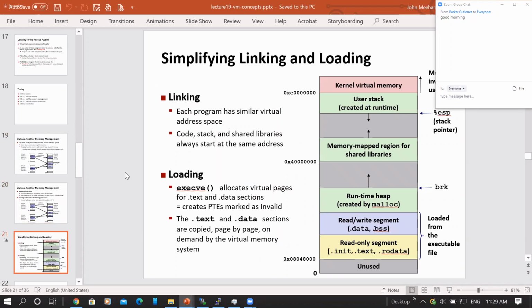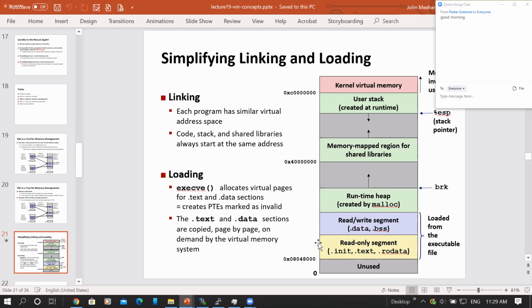From the point of view of the operating system, your process looks like this. You have this big, huge virtual address space that goes from 0 to however many bits you have in the virtual address space. And the operating system thinks of the contents of your process as a collection of these segments.